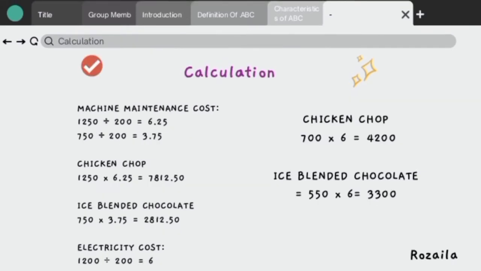Next, I will carry on with the calculation. The machine maintenance cost and electricity cost for chicken chop are RM 7,812.50 and RM 4,200. Meanwhile, the machine maintenance cost and electricity cost for ice blended chocolate are RM 2,812.50 and RM 3,300.